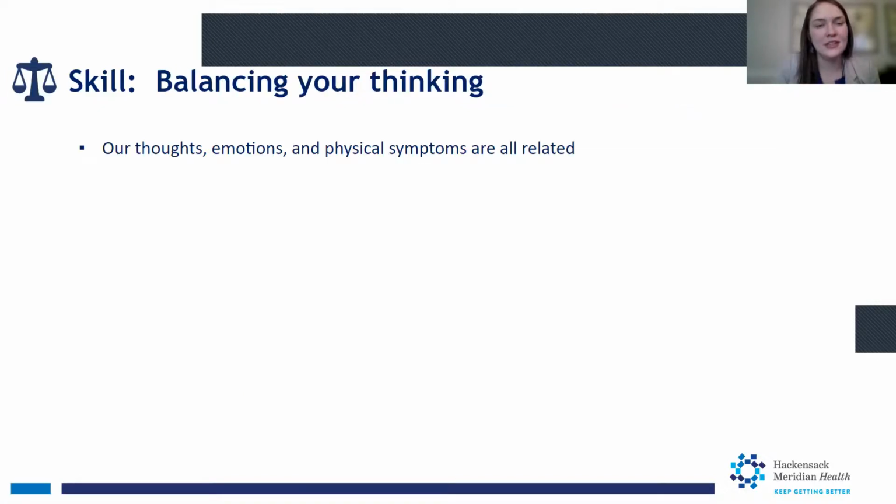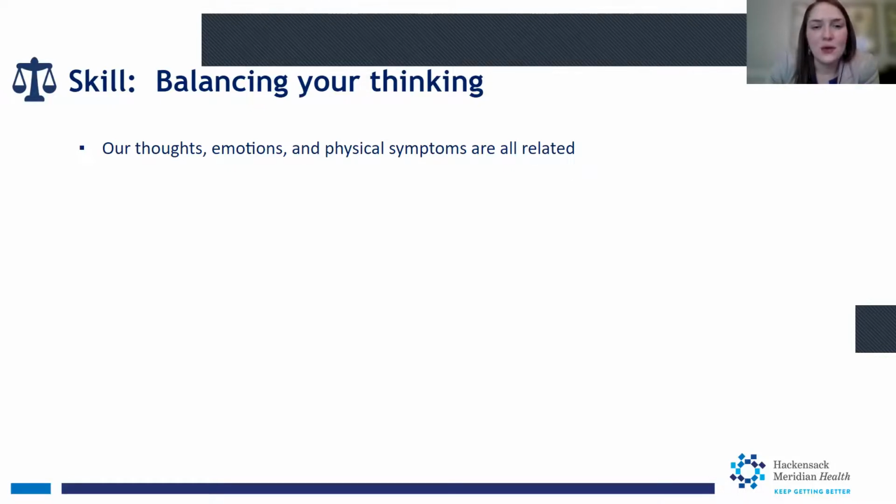All right. So moving along here, I'll also talk with you about another skill, which is called balancing your thinking. And this is based on the concept that our thoughts, our emotions, and our physical symptoms are all interrelated.